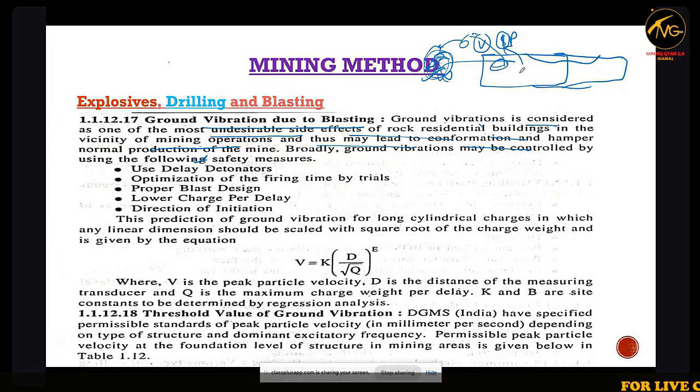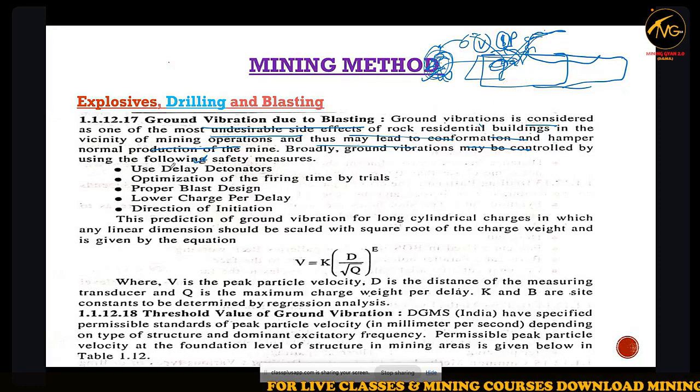If the vibration is more, it is like an earthquake, so your strata can fall, many times the overburden falls down and your machine and manpower get buried under the overburden. So what are the safety measures?